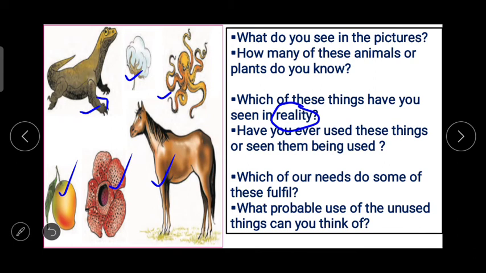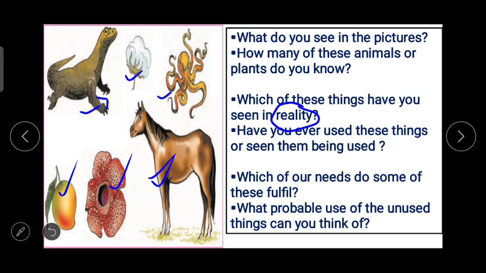Now here horse is the general thing which you may have seen in reality, but I am not sure about the octopus, whether we have ever seen it in reality, and about all other plants and animals also you can say.